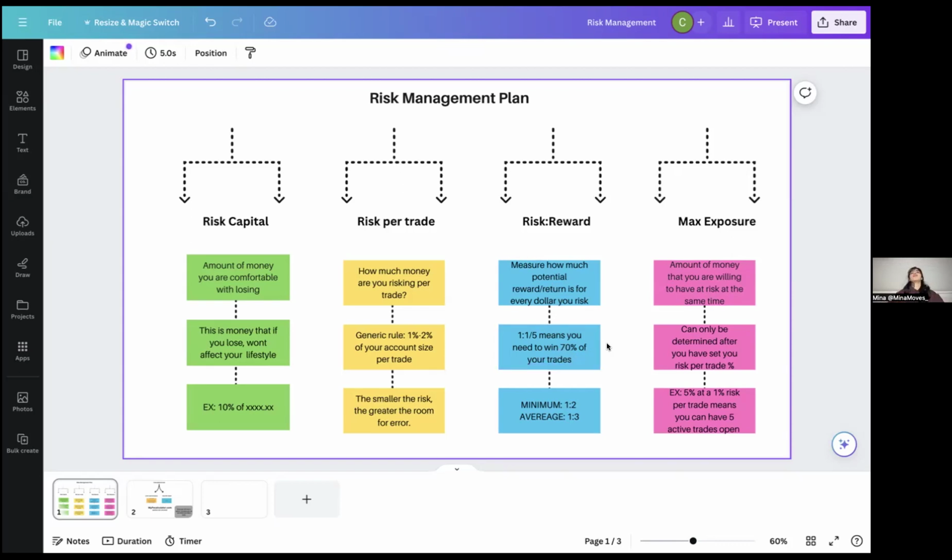Now, let's say that you want to go in for a 1 to 1.5, or even a 1 to 2. If you go in for a risk to reward of 1 to 1.5, that means I'm going in and I'm risking $10 to make 15. That means that you need to have an accuracy rate of about 70%. I'll put it to you guys like this.